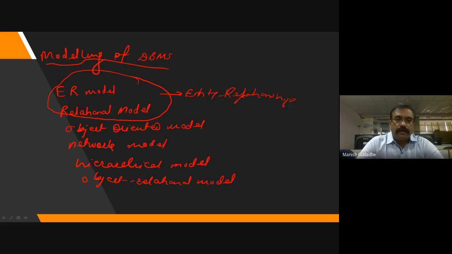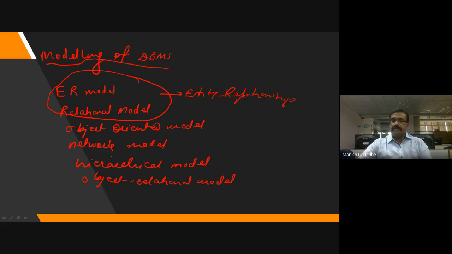So ER model is an entity relationship model, which is a pictorial or diagrammatic representation of a DBMS. That cannot be actually implemented. It is just used at the design level, and we are going to model it diagrammatically and then convert it into any of the other models which are available. So ER model is a diagrammatic representation, whereas relational model is an actual model which is getting implemented.